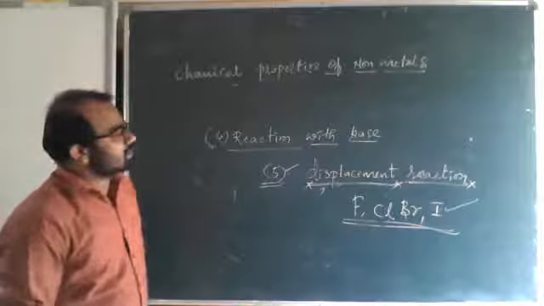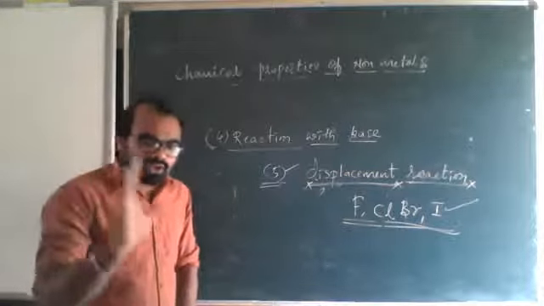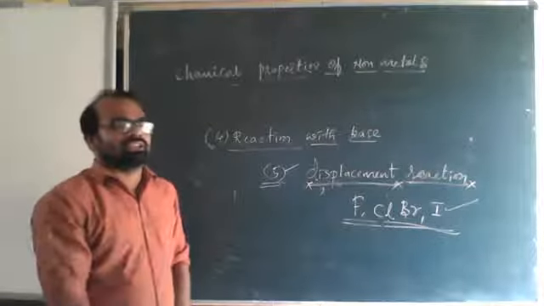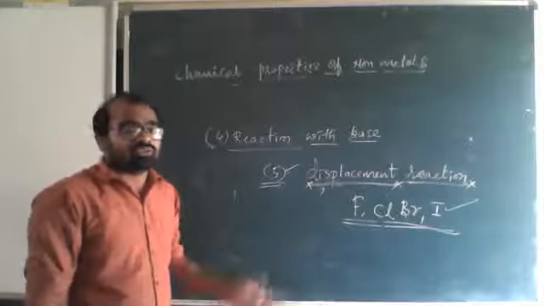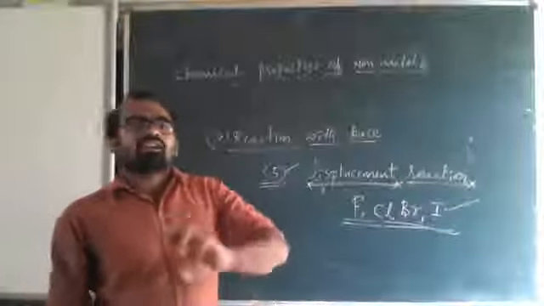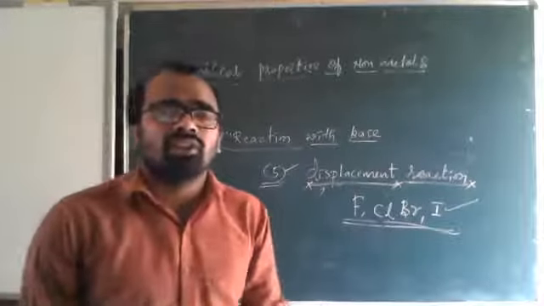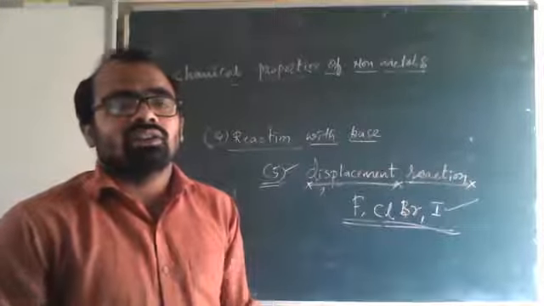So displacement reaction, you know what is displacement reaction? When a more reactive metal displaces a less reactive metal from its solution. But here also it is the same, the most reactive non-metal displaces the least reactive non-metal from its solution, then we can say that it is a displacement reaction.